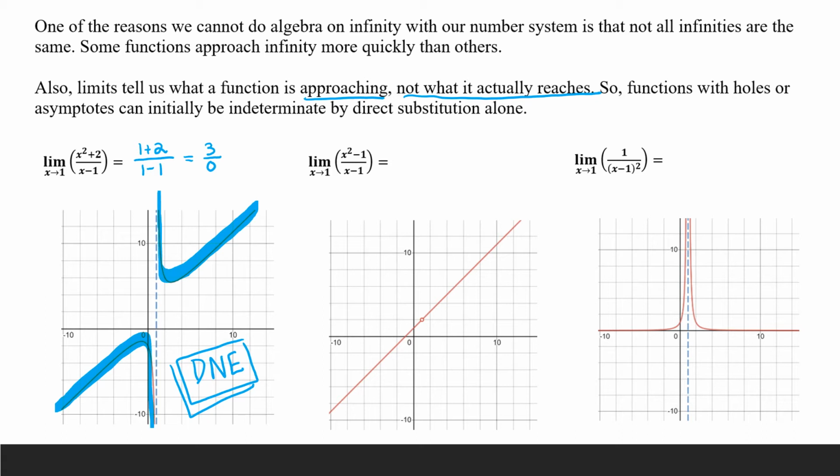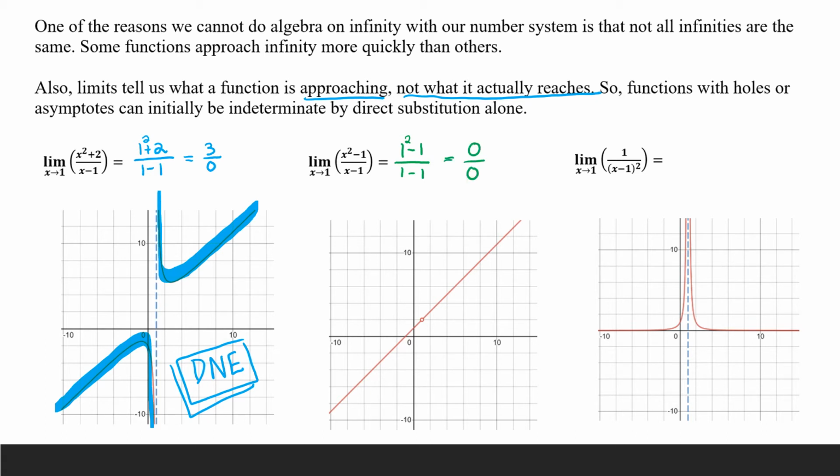If we take a look at the limit as x approaches 1 of x squared minus 1 over x minus 1, we end up with 1 minus 1 over 1 minus 1, and I can write the squared if that makes it more clear, which gives us 0 over 0.